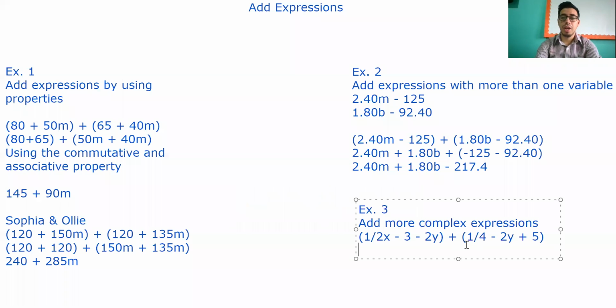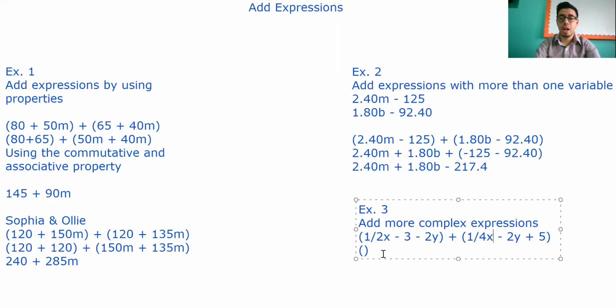And if we add this, how can we solve? I'm going to separate the variable x in one parenthesis, the variable y in another parenthesis, and the terms that don't have any variable in other parentheses. So 1/2x, 1/4 is with the variable x, right? Yes.